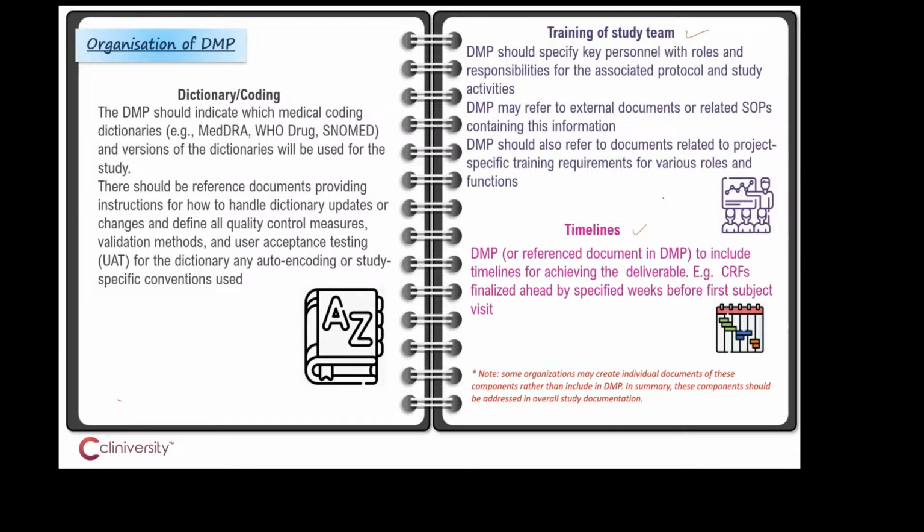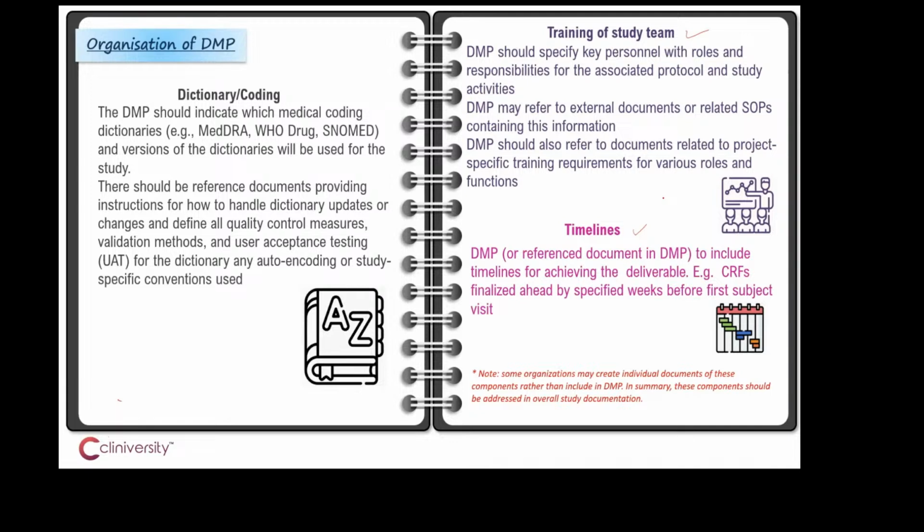It will list down the completion targets for all the deliverables. An example of this will be database validation, which could be targeted for completion a specific number of weeks after the protocol has been finalized.